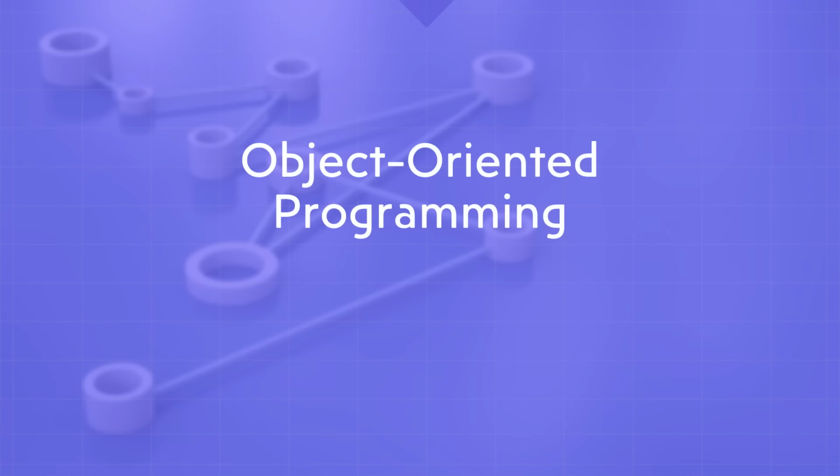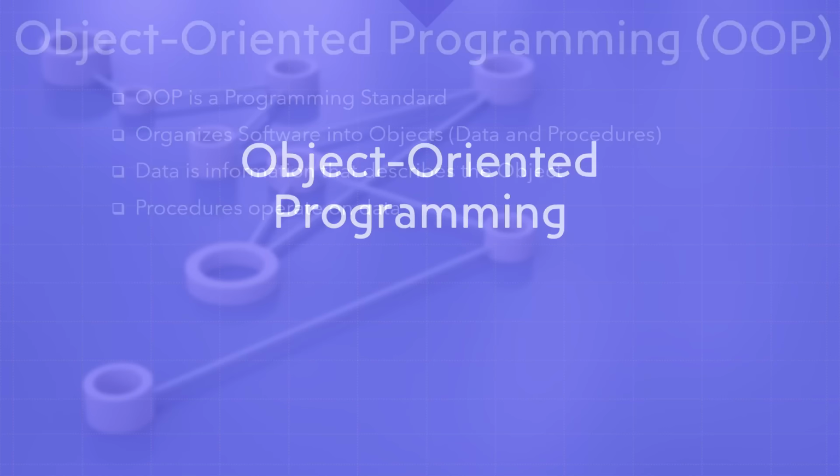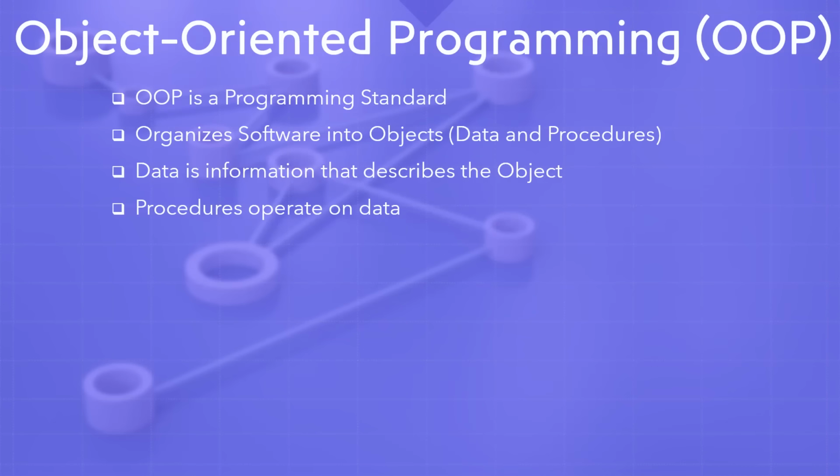Our next topic is object-oriented programming. Object-oriented programming, or OOP, is a programming standard that's used to organize software into objects, and these objects consist of data and procedures. Data is information that's used to describe the object, and procedures are instructions that operate on the data.